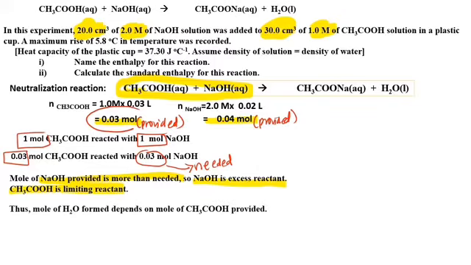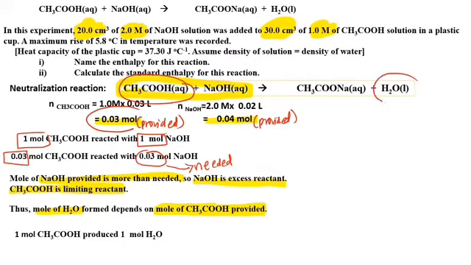That's all. Awak boleh tentukan mole of H2O depends on the mole of the limiting reactant provided, which is acetic acid provided. How many mole of CH3COOH provided? 0.03 mole of acetic acid provided. So kita akan kira. Okay, based on the equation balik semula, 1 mole of acetic acid, which is the limiting reactant, produce 1 mole of water.